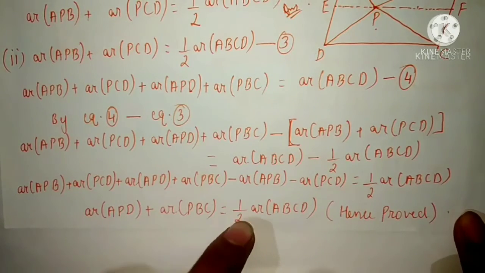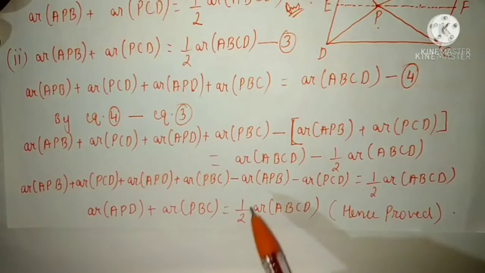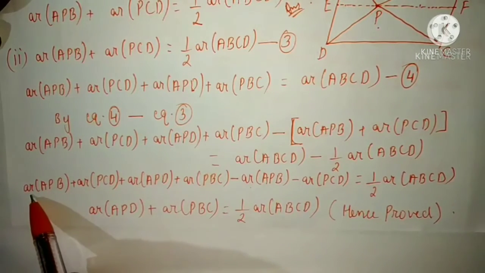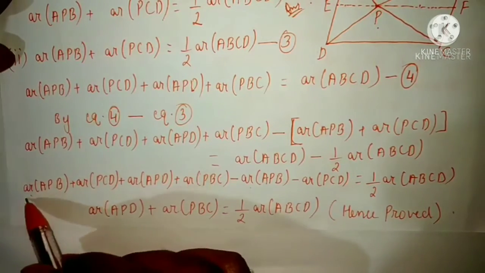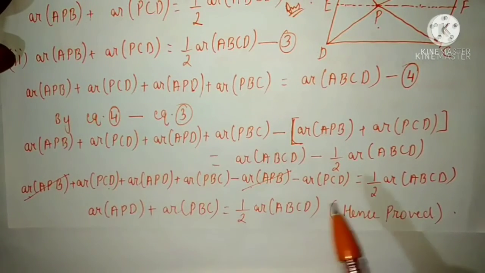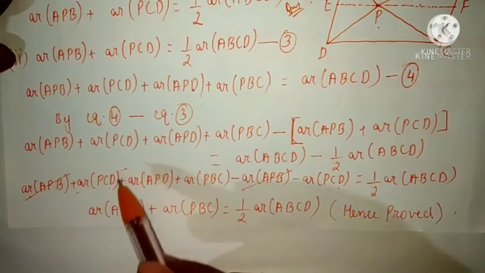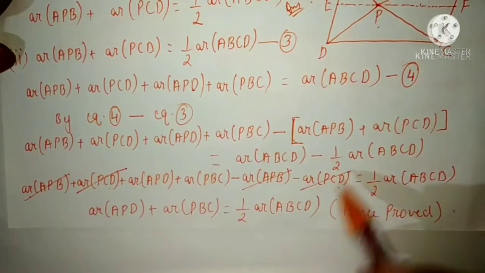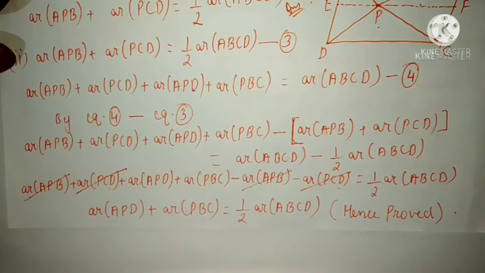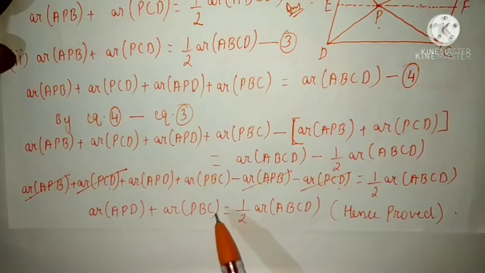Now we can see that APB, this is negative and this is positive, so they both will be cancelled. Now area of PCD is positive and here area of PCD is negative, so they both will also be cancelled. Now what is left? Area of APD plus area of PBC is equal to half of area of ABCD.